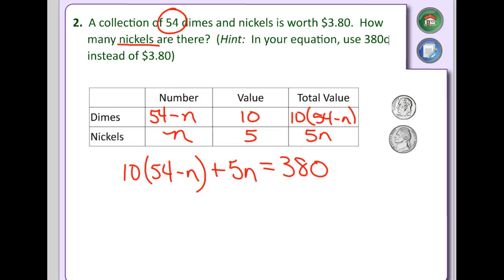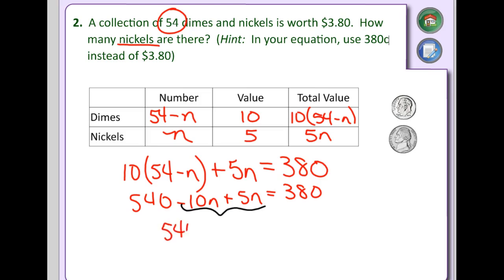Now, we need to do distributive property. So 10 times 54 is 540 minus 10n plus 5n equals 380. Yes, we can combine some like terms here. So we've got 540 minus 5n equals 380.